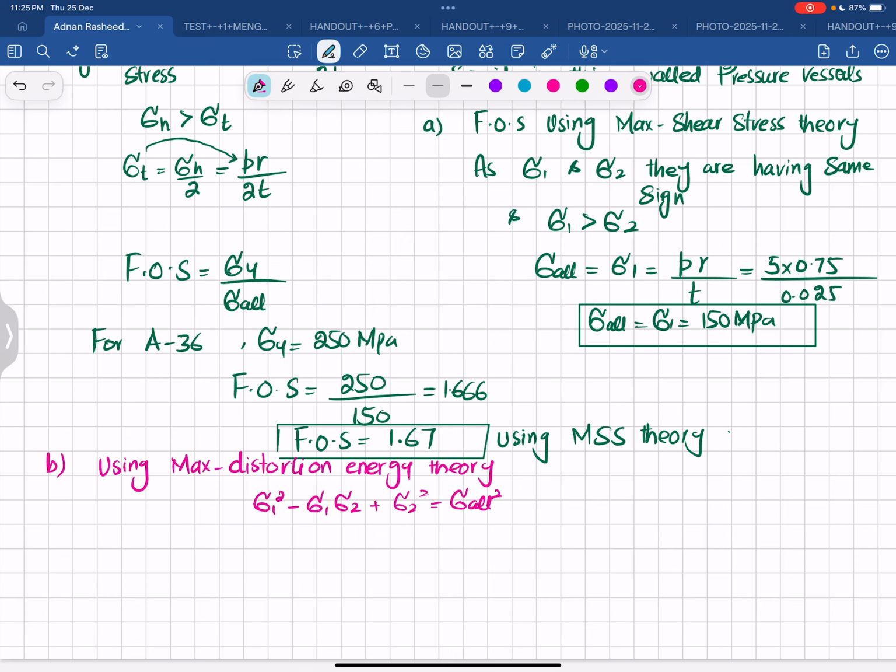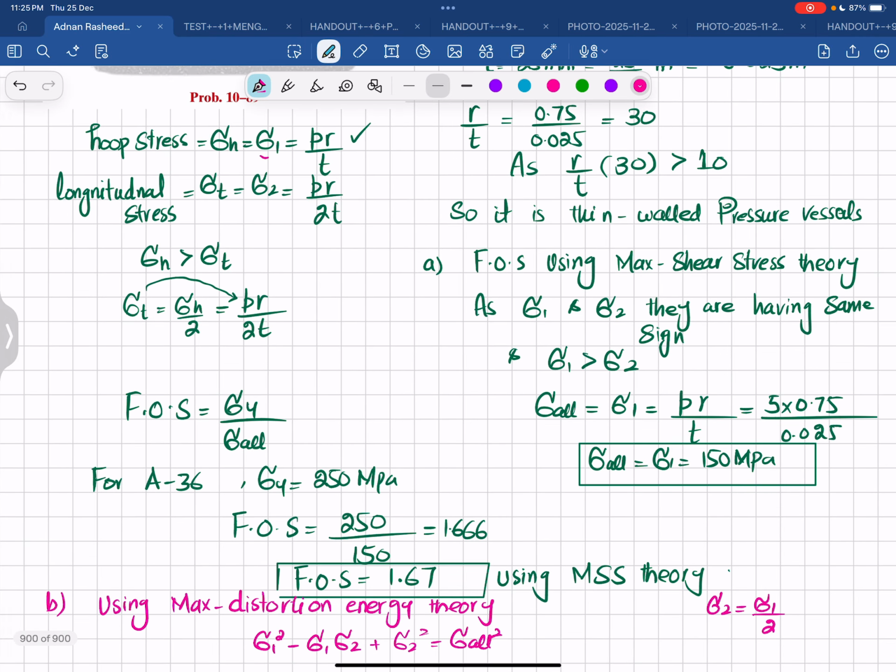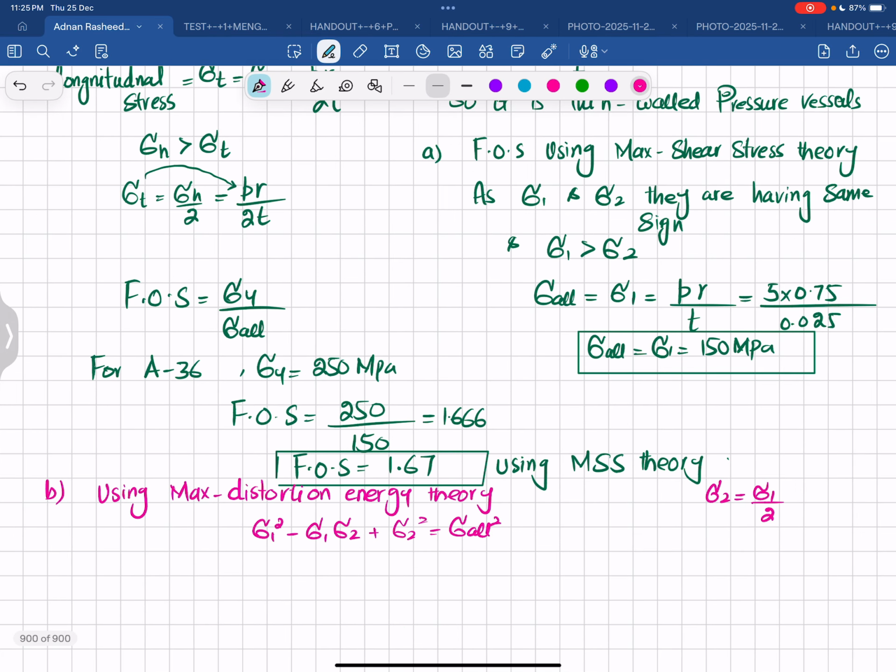We have sigma 1, so we will find sigma 2, and we know that sigma 2 is equal to half of sigma 1, because sigma 1 is PR divided by T and sigma 2 is PR divided by 2T. So 150 divided by 2 will be equal to 75 megapascal.